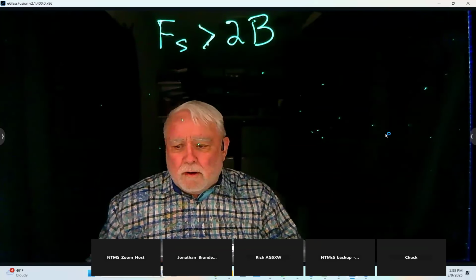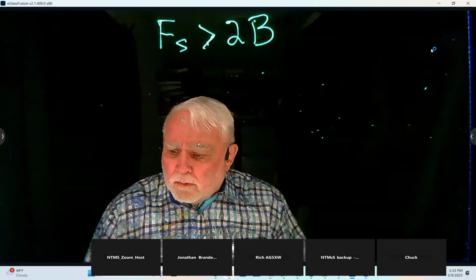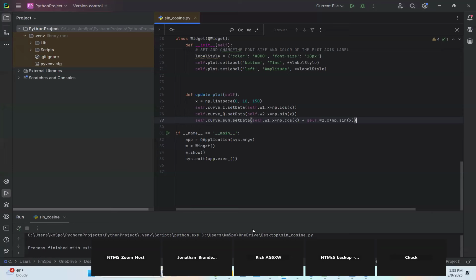All right, so let's pull up the program I wrote, which you should be seeing now. And there is a lot of effort that goes on here to try to get the GUI part to look nice and pretty.